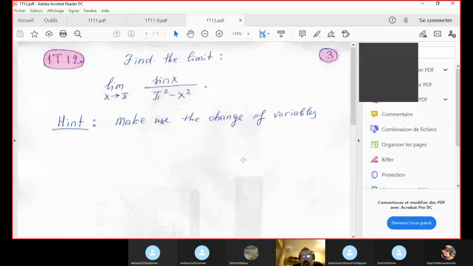You see, pi squared minus x squared is (pi minus x)(pi plus x). Yes? If you take your variable y, which is pi minus x, then y goes to what as x goes to pi?